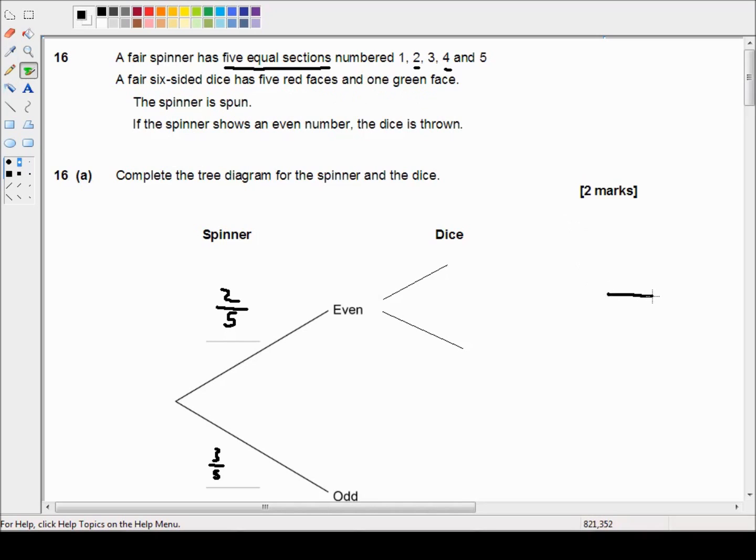So this time our sample space is over 6. And we have the options of red and green, so I'm going to put red and green.